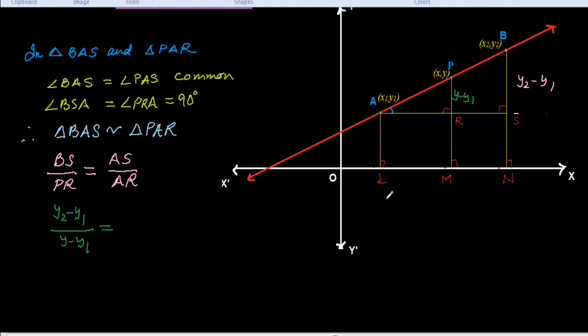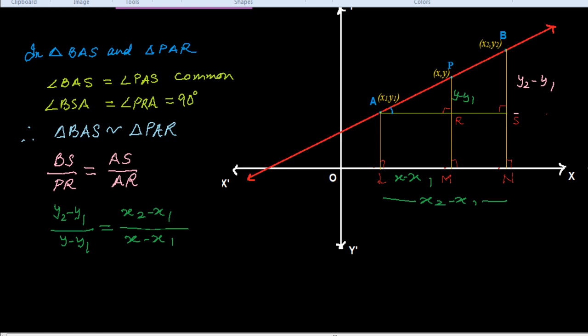And for AR, OM is x and OL is x1, so LM is x minus x1.